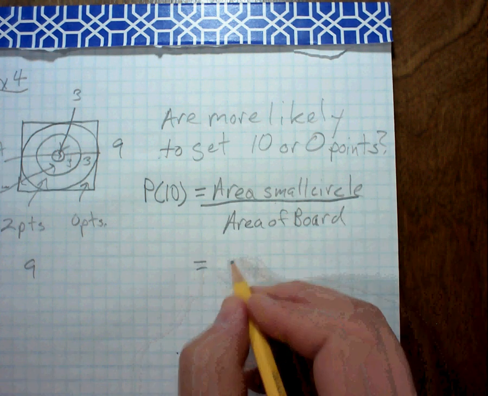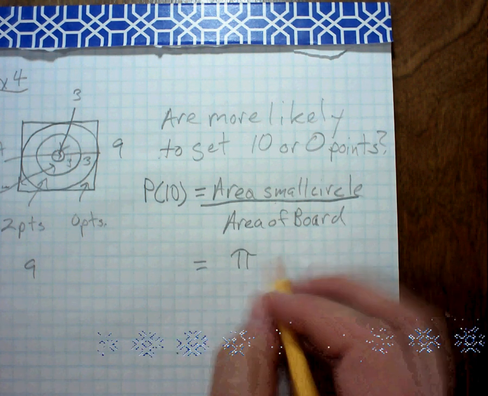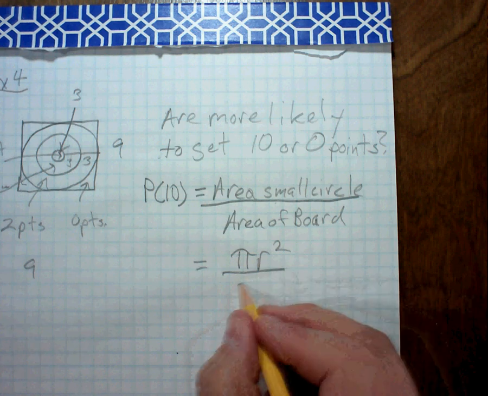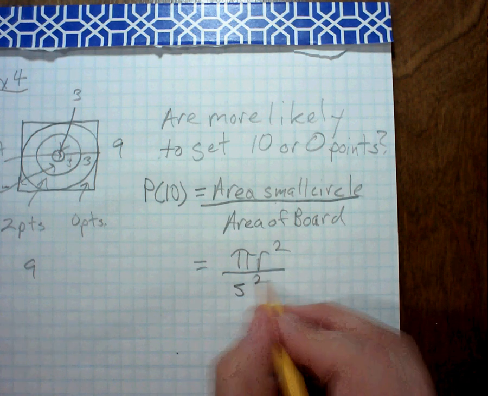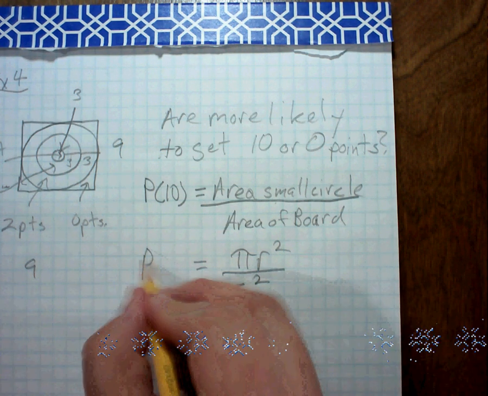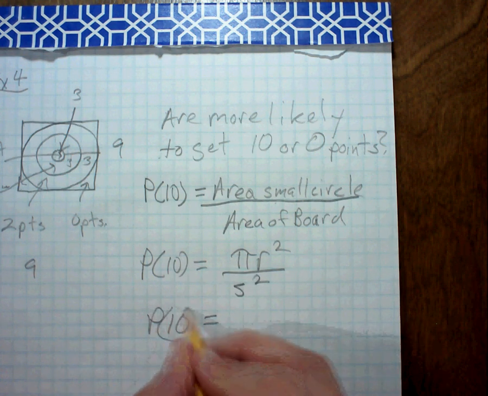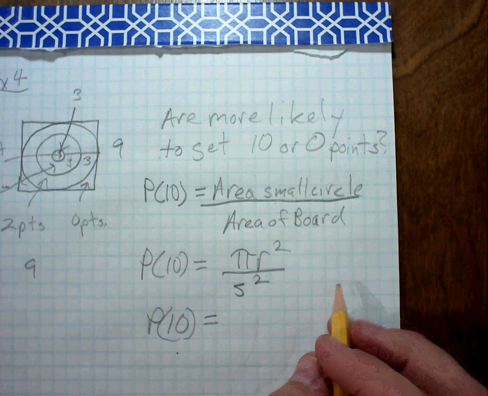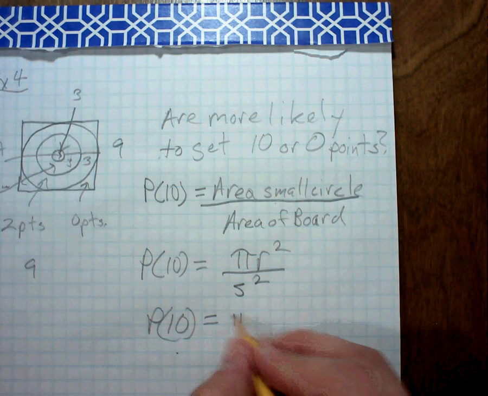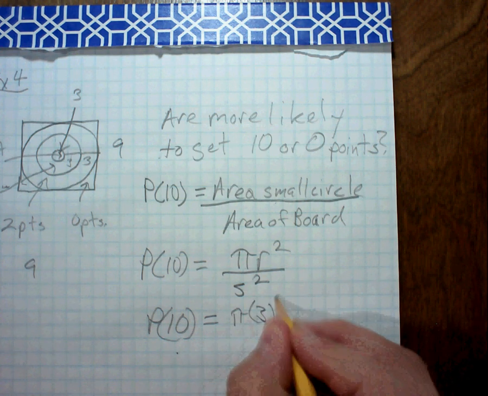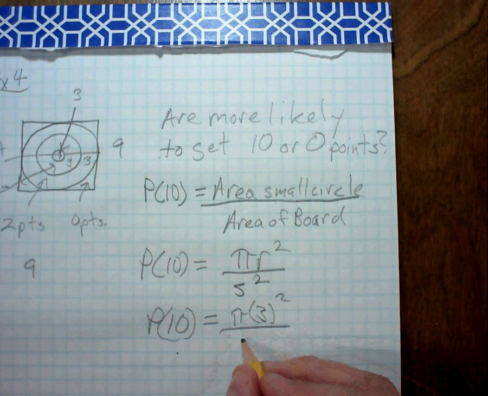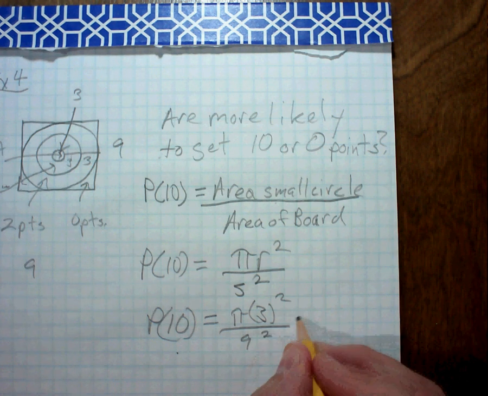So that would be pi r squared versus the side length squared. So the probability of that is equal to pi times 3 squared, because that's the radius, all over 9 squared.